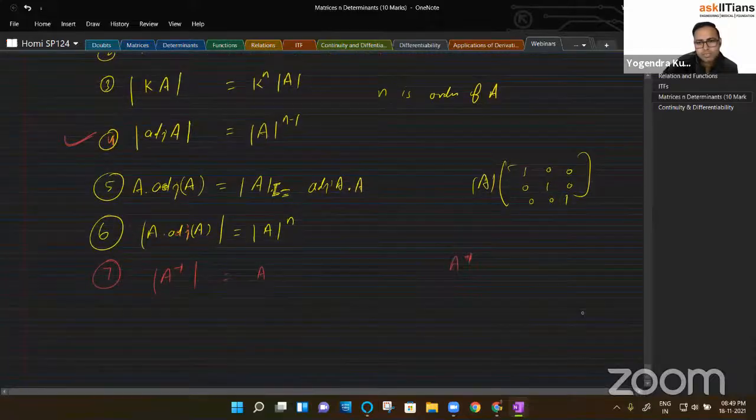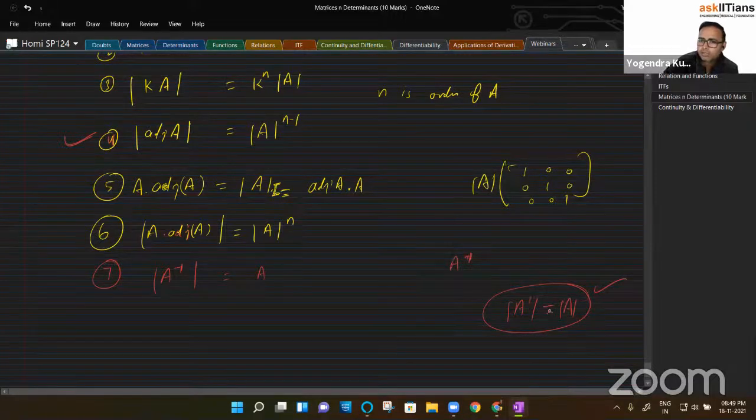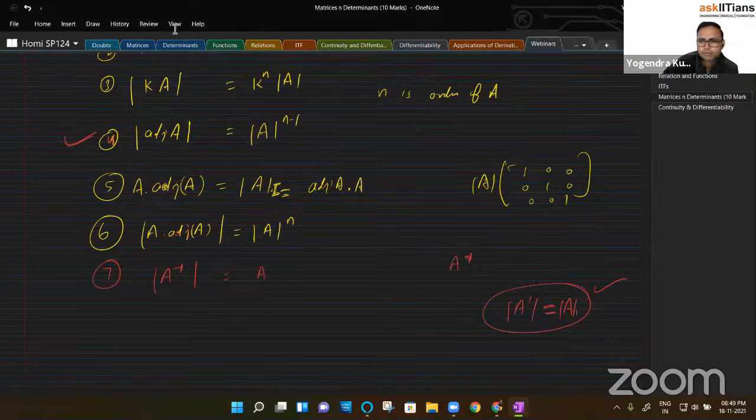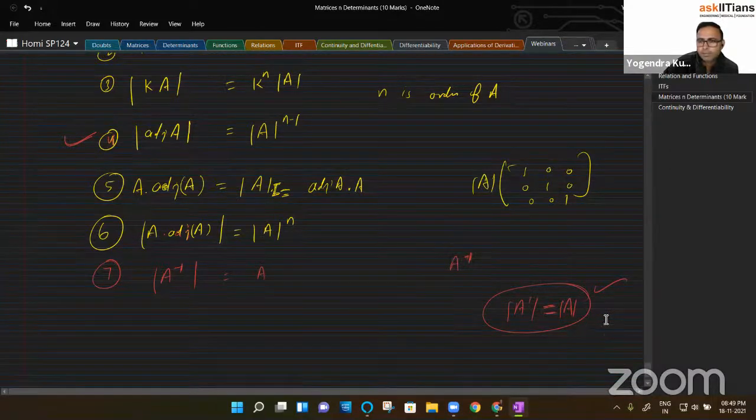By the way, everyone knows this or not? Determinant of A transpose is the same as determinant of A. If I do the transpose and then take the determinant, or take the determinant of the given matrix, will it be the same value? Yes, it will be the same value.